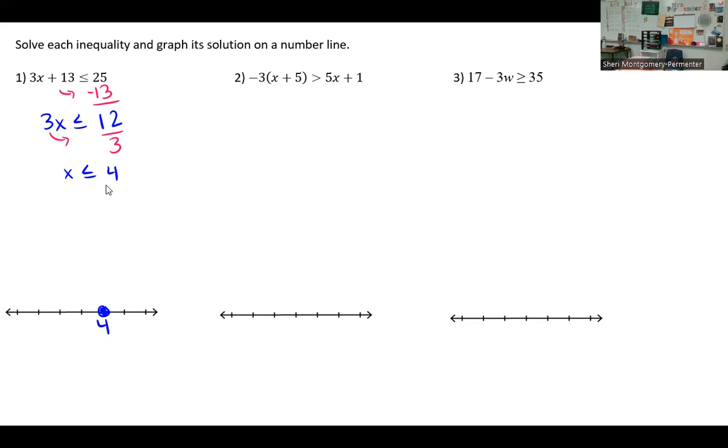This is like the arrowhead that tells you which way you're going to point. So all I'm going to do is shade, and when I shade, I draw a squiggly line to show it, especially if you're using a pencil, so that you can see. I'm going to draw a squiggly line, and then I'm going to make sure that I have a big arrow. I'm going to make those better.